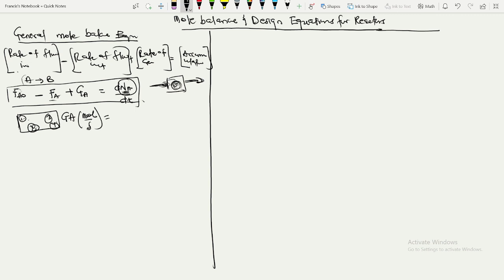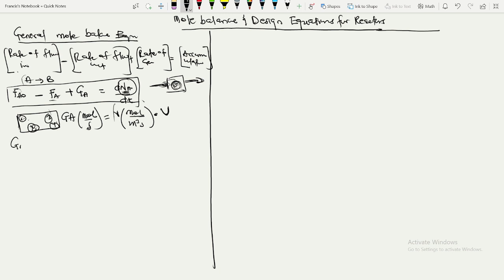And this should be equal to your rate, but now your rate is in mole per meter cube second. So you need to multiply it by the volume of the reactor, right? Now, at each point in the reactor, the rate of generation differs, but we want the overall rate of generation.